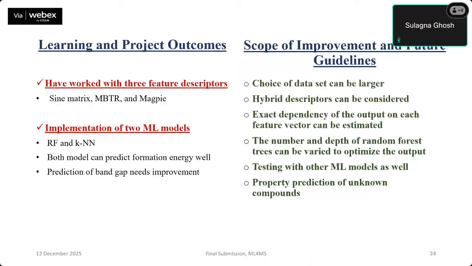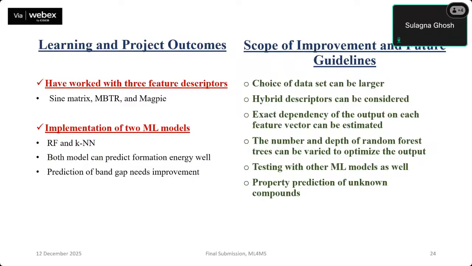So for our project outcomes, firstly, we have learned the basics of machine learning. Also, we have worked with three feature descriptors, which are Coulomb matrix, MBTR, and Magpie. And we have implemented two machine learning models, which are random forest and k nearest neighbor.